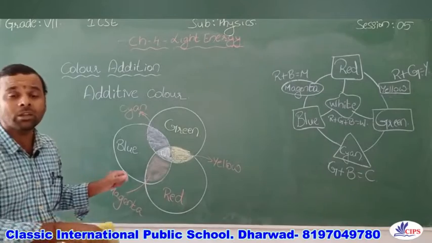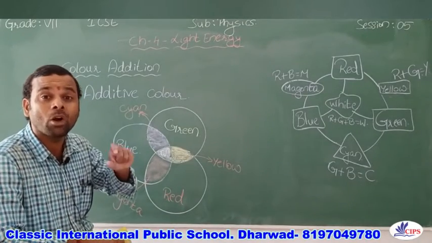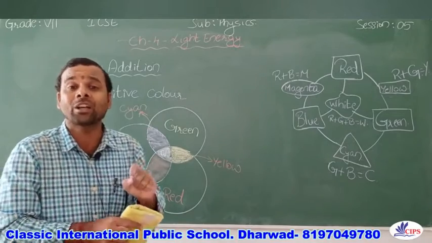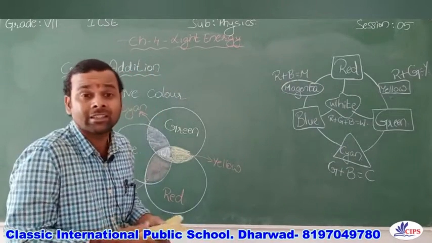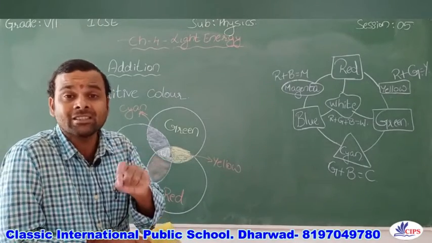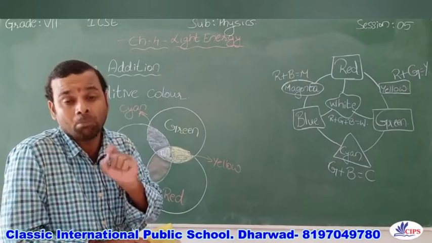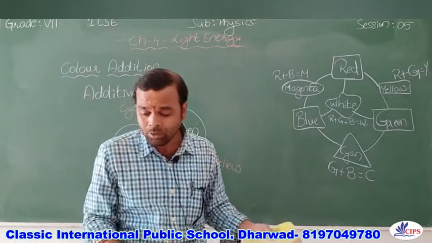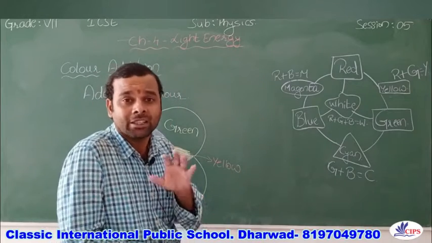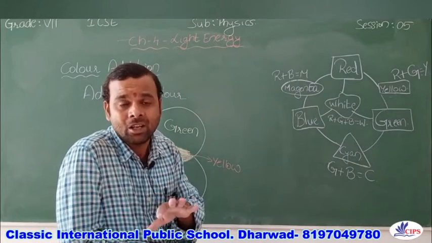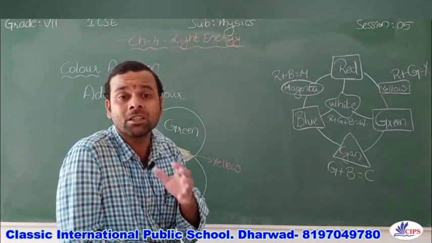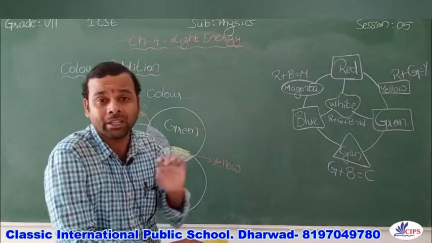So this is an example or illustration of this particular addition of colors. This nature is observed on television screens or computer monitors, right? As mentioned earlier, television screens or computer monitors are examples of systems that use additive colors.